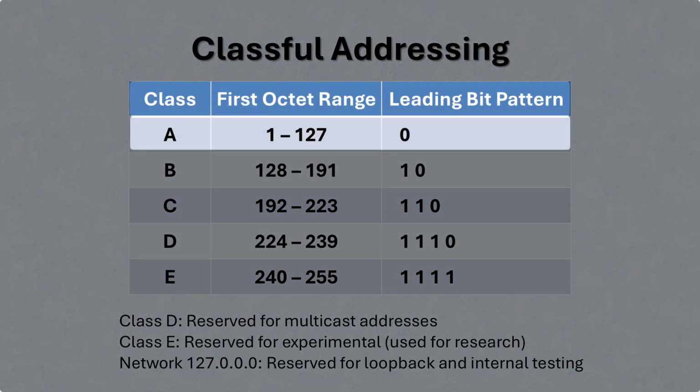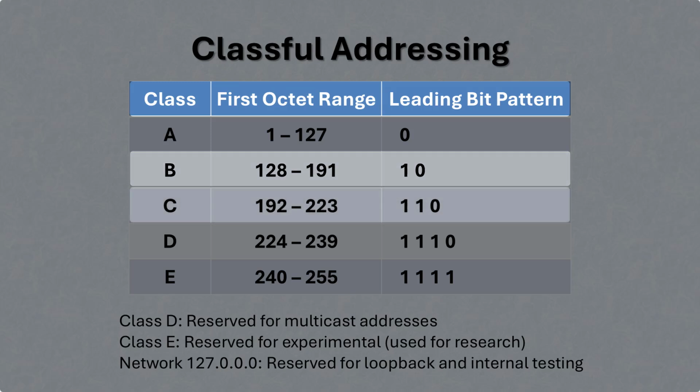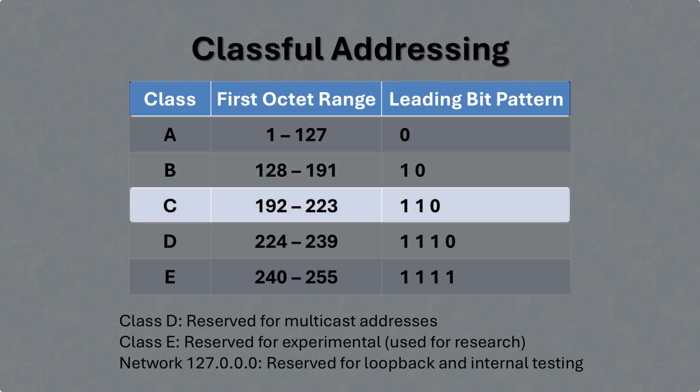For Class A addresses, the value of octet 1 is between 1 and 127. The leading bit pattern is 0. For Class B addresses, octet 1 is between 128 and 191. The leading bit pattern is 10. For Class C addresses, octet 1 is between 192 and 223.